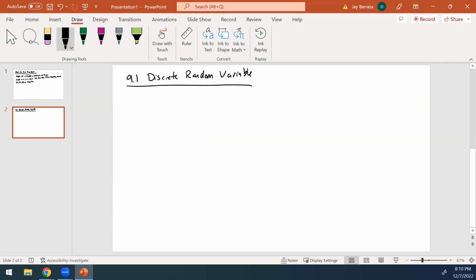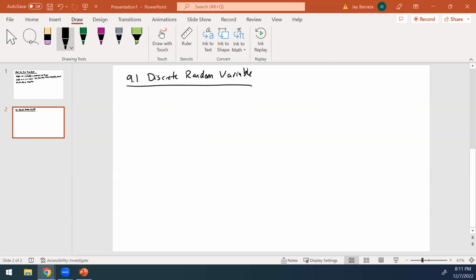Being able to construct them and use them to answer specific questions, right? And it's going to bleed into the future sections where you have to calculate the expected value and all of that stuff. So that's the first thing that you want to be able to do from chapter 9: construct a probability distribution table.